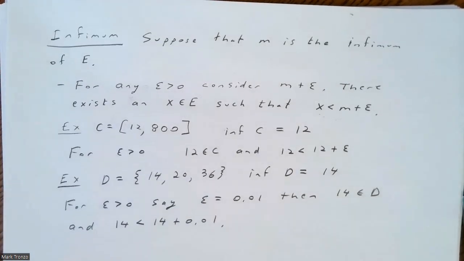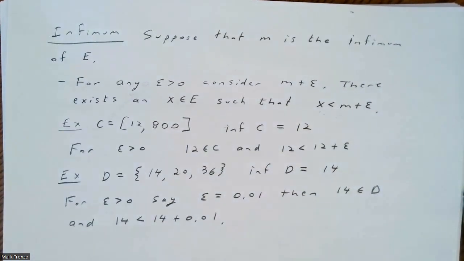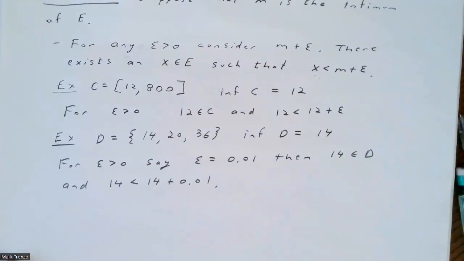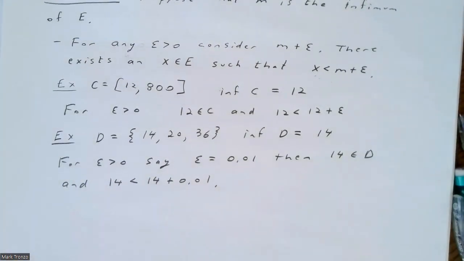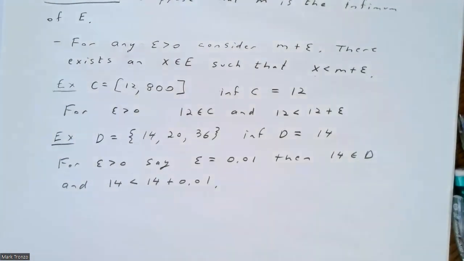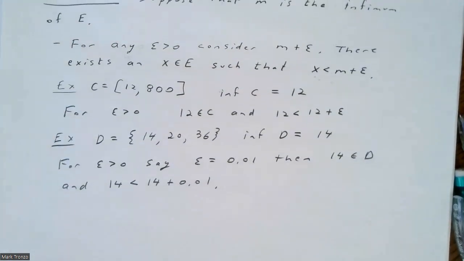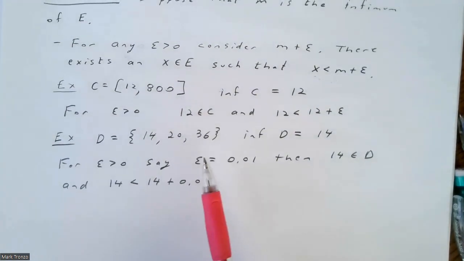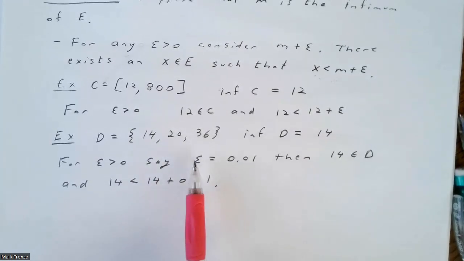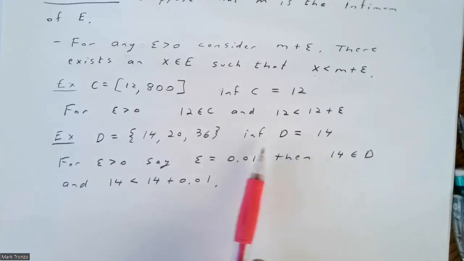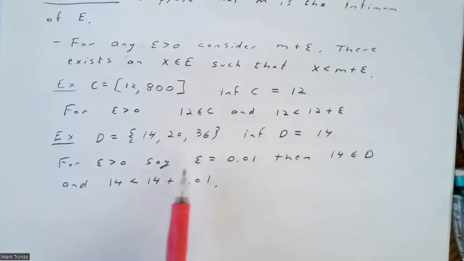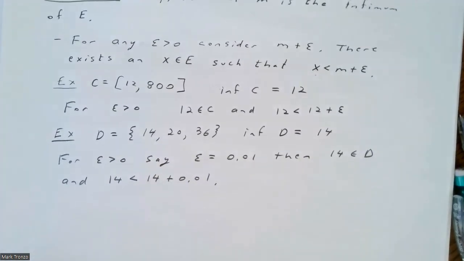In fact, in that case it's the only number in the set that would be less than the infimum plus 0.01, huh? So sometimes the only one in the set that's less than the infimum plus epsilon will be the infimum itself.